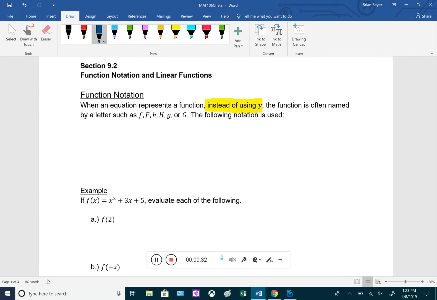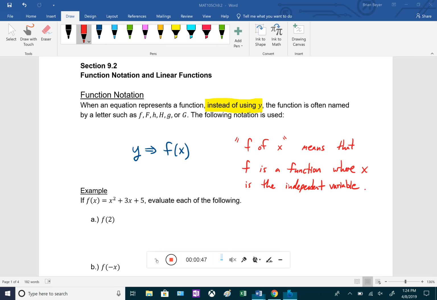So instead of y, we're going to turn that into f of x, and we read it as f of x. So this means that f is the function, and we know that since there's an x written there, it is a function where x is the independent variable.